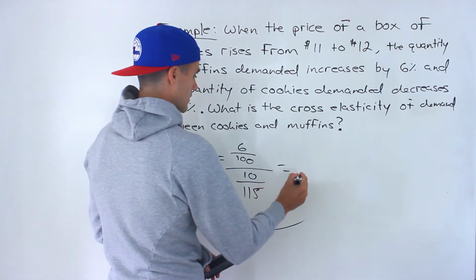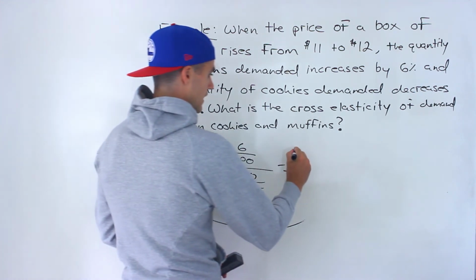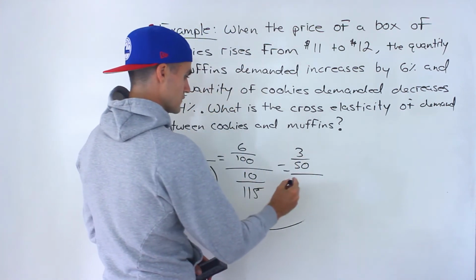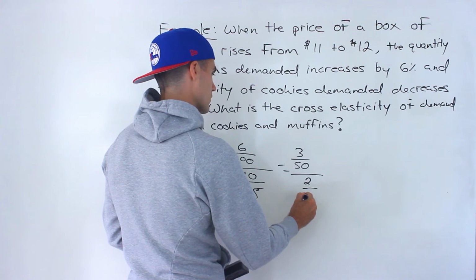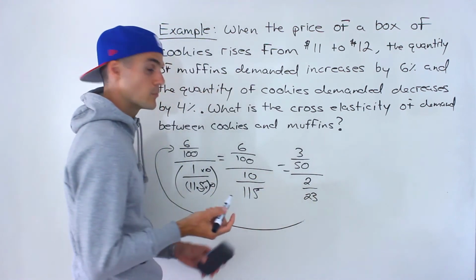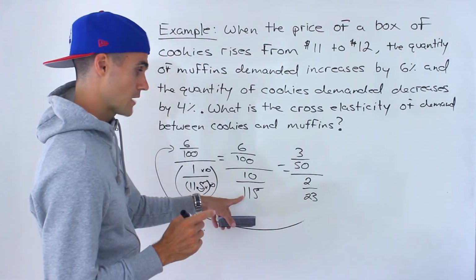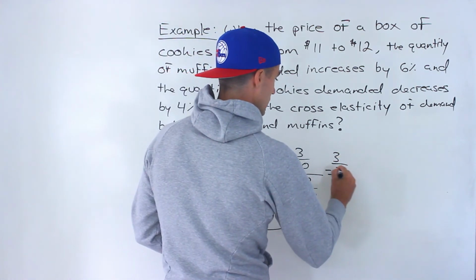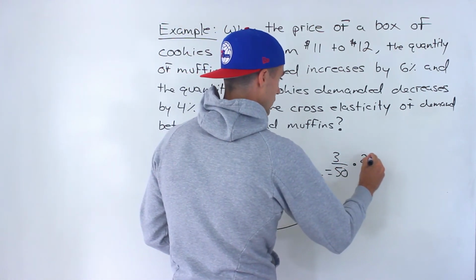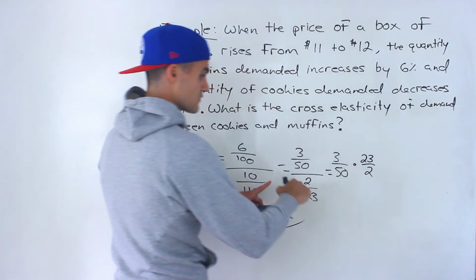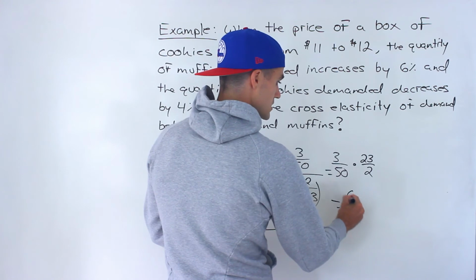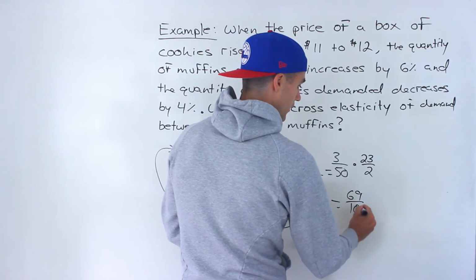And then the 6 over 100 simplifies to 3 over 50. And then the 10 over 115 simplifies to 2 over 23, if we divide both the numerator and the denominator by 5. Then here we'd have 3 over 50 times 23 over 2. We would just flip that second fraction and multiply it. This would end up being 69 over 100.